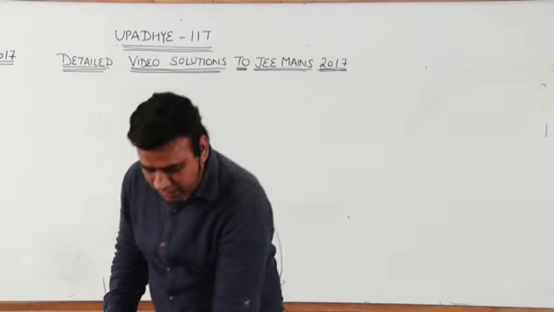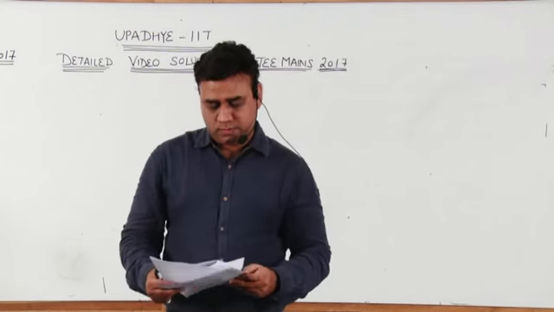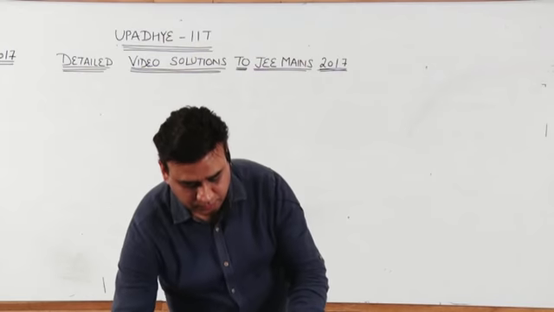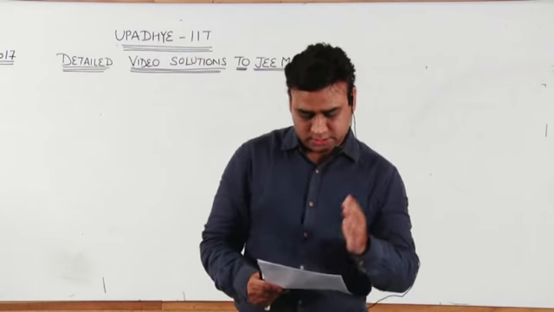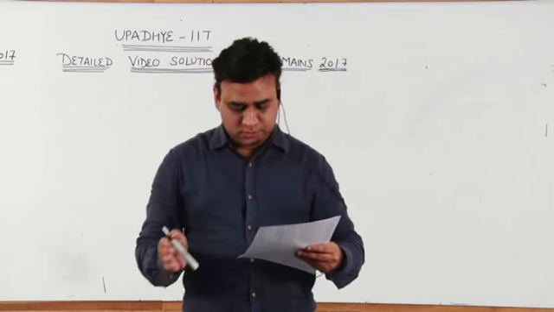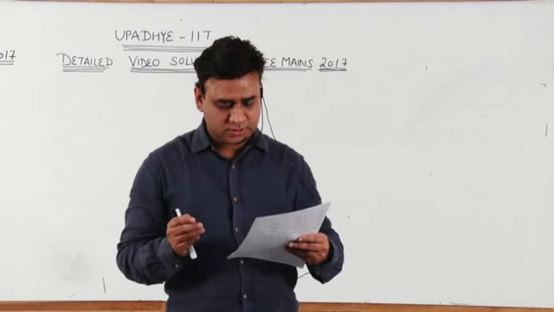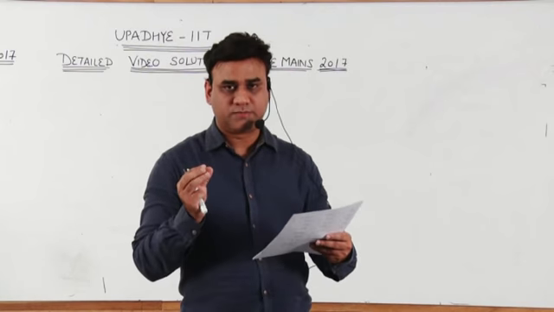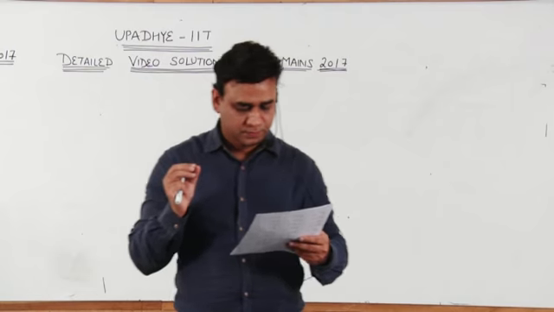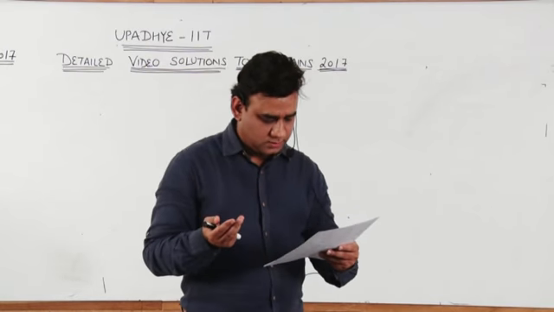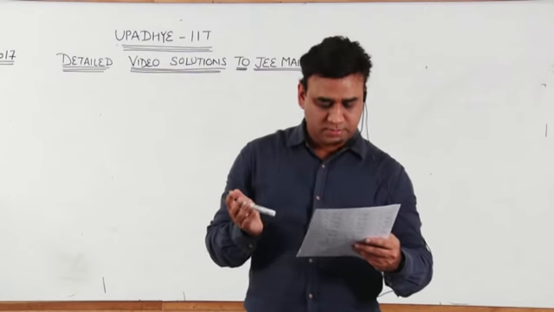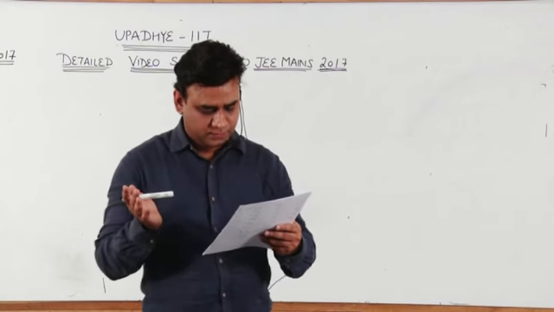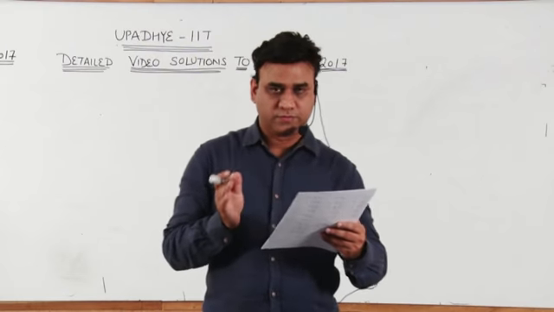And if we categorize the division of chapters or portions of physics, according to that, the paper was about 10 to 15% from mechanics and about 20% from electrodynamics, and similarly thermodynamics also 10 to 15%, and optics 20%, and modern physics also about 10 to 15%.